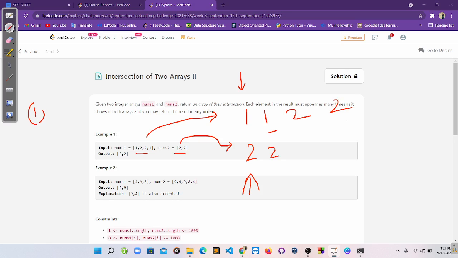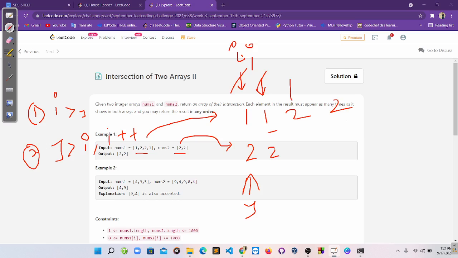So the condition is: if i is less than j, or if j is less than i. Let's suppose this is my i and this is my j. Here i is less than j, so we have to increment the i pointer by 1. Now this is 1, that is 2, and again i is less, so we increment by 1 and check again.